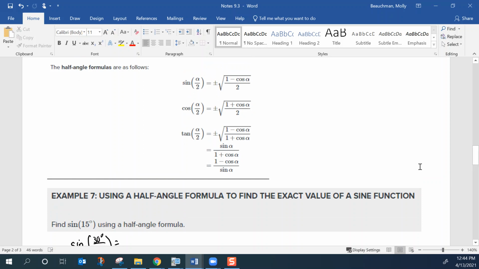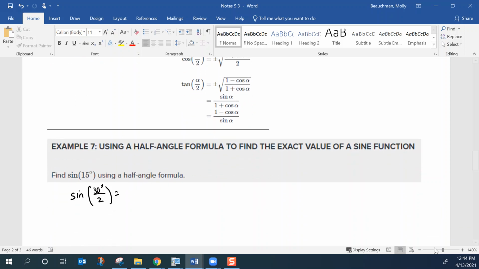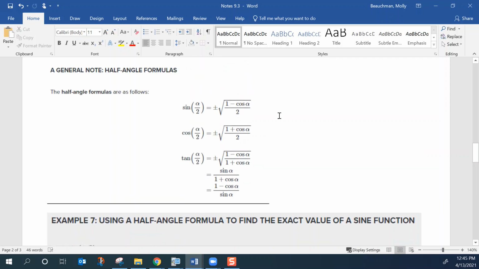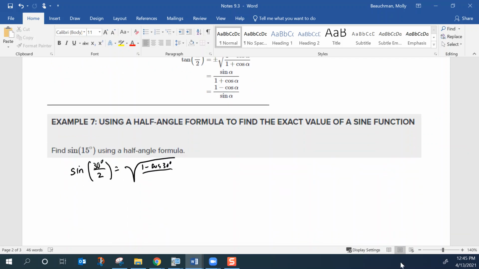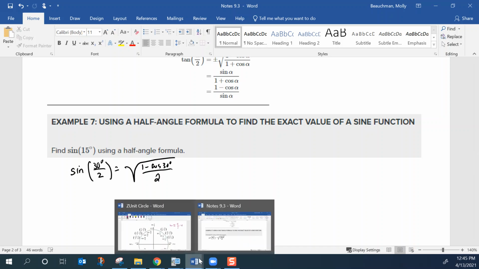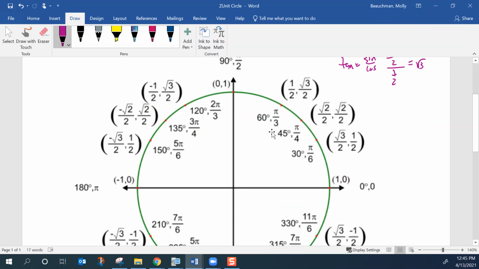So we get square root of 1 minus cosine 30 degrees over 2. So you go to your unit circle and substitute cosine of 30 degrees. On the unit circle, 30 degrees is pi over 6. Cosine is square root of 3 over 2.